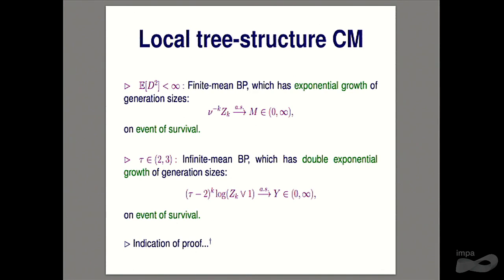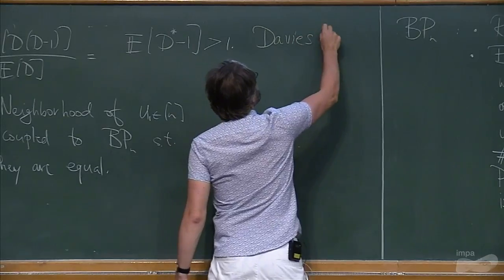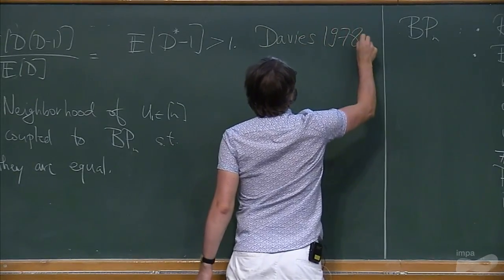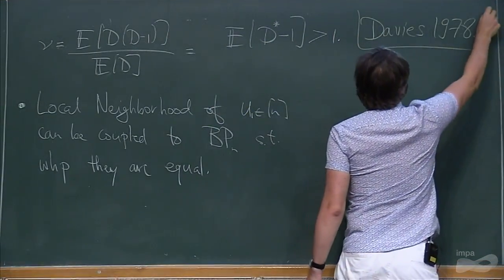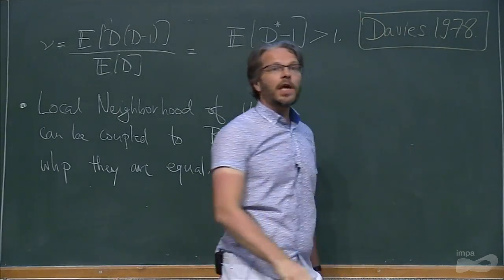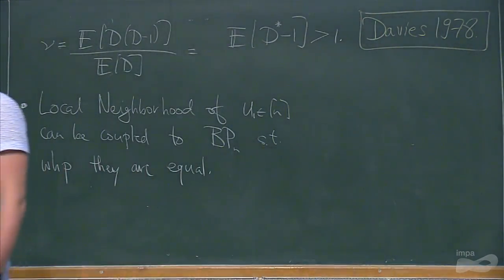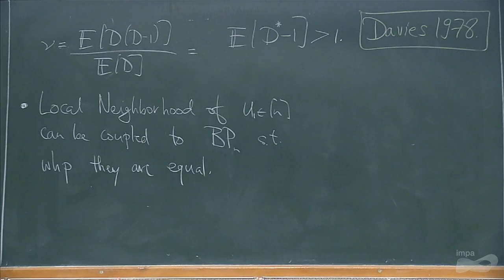For example, there's a beautiful paper by Davies from 1978. Laurie Davies. Later he turned into a statistician. That will show that your generation sizes actually grow doubly exponentially. So finite mean, exponential growth of neighborhoods; infinite mean, sufficiently thick tails, doubly exponential growth.